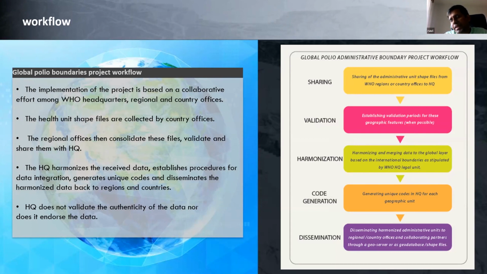They get that, somehow it gets patched up, and it gets validated with other boundaries where possible. Then there's harmonization to clean them and have them as per the international guidelines of boundaries with disputed areas and borders. Then a unique code is generated, and this is given back to them. So this is one sphere of life.